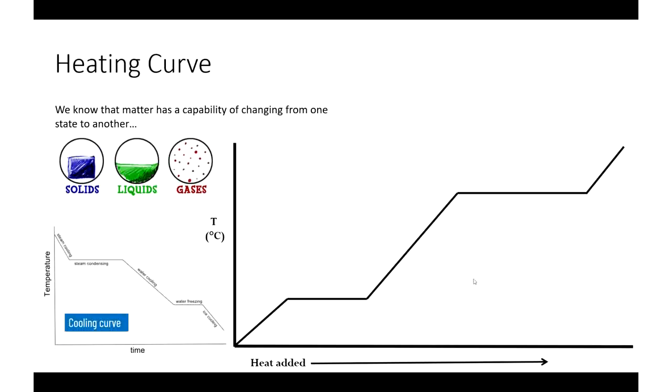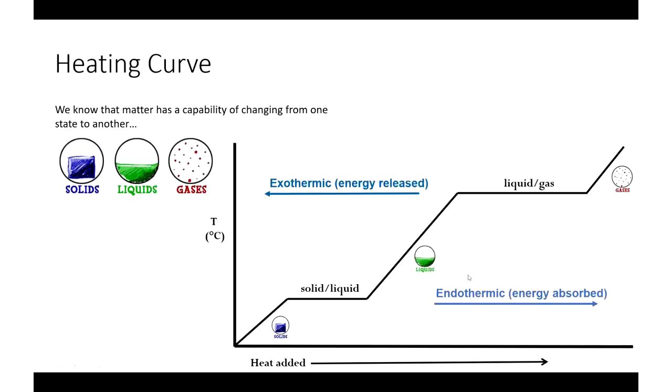And one more thing that I want to point out is, notice that when a substance is changing states and going through a phase change, what's happening to the temperature? Well, temperature remains constant, right? And in fact, this is a substance's melting point, and here is the substance's boiling point.